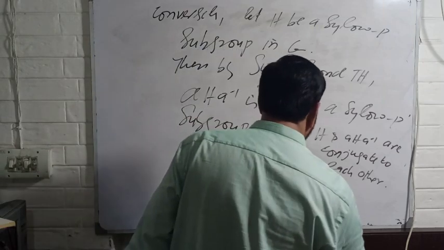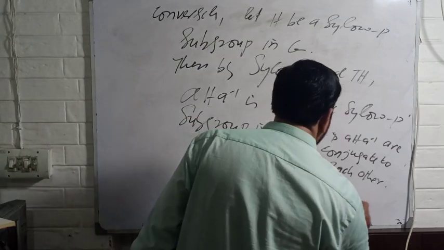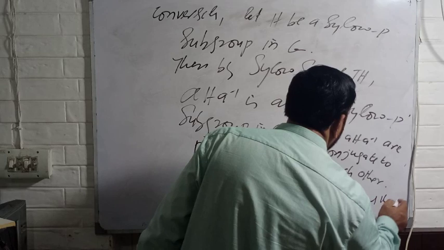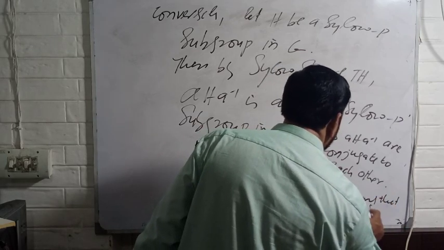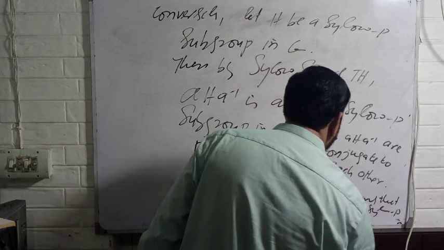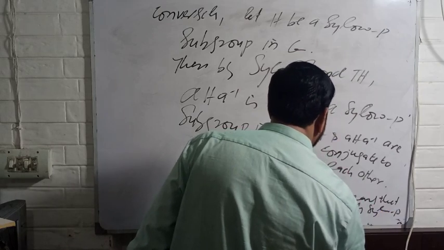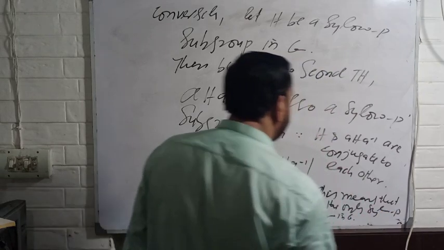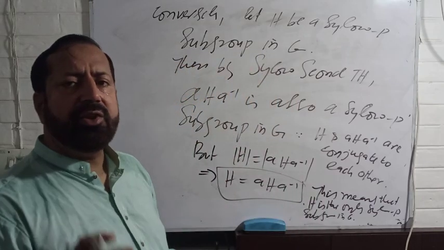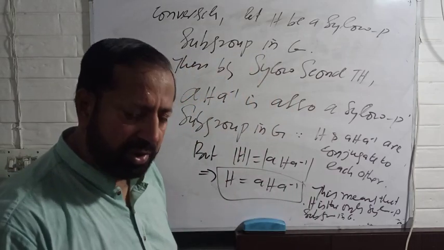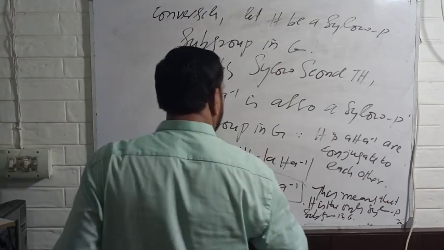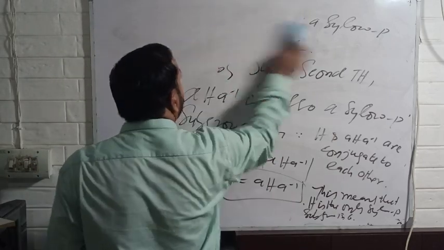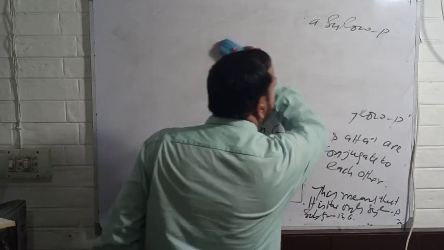This means that H is the only Sylow P subgroup in G. Right. So I have another corollary which is also very much popular and so easy.